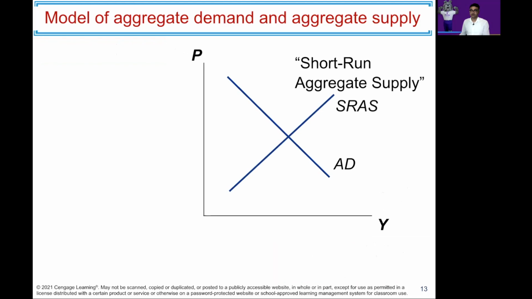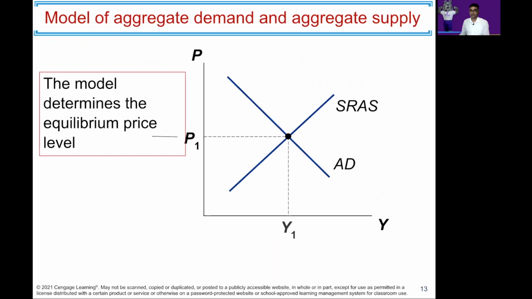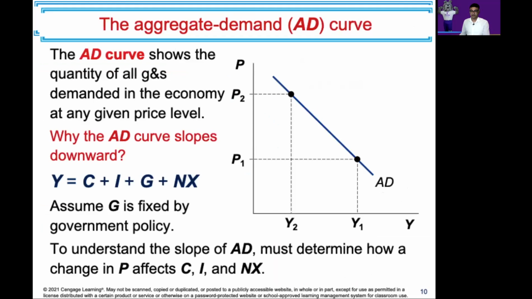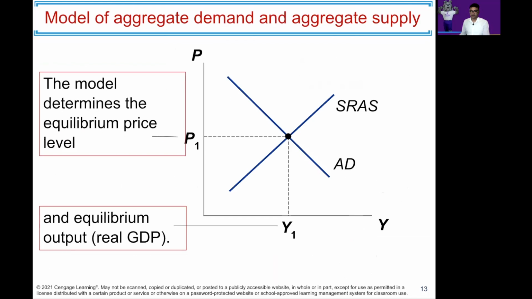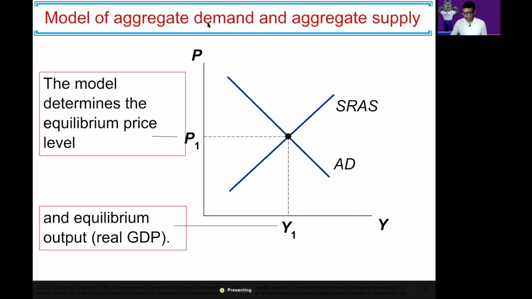And you have a short-run aggregate supply curve, which is upward sloping. And from here, this model determines the equilibrium price and equilibrium output. Okay.